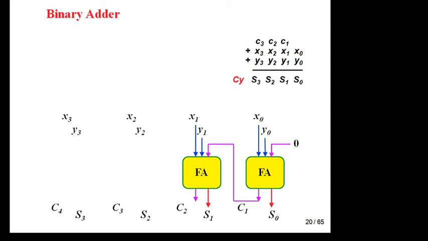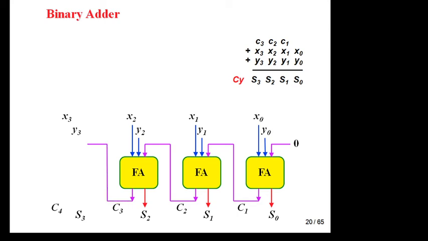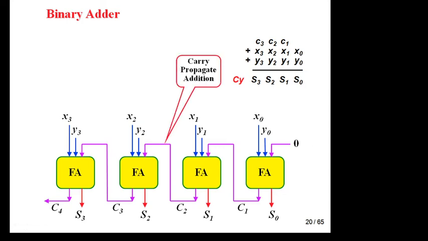Again one carry can generate, then add x2, y2 and C2, then result is C3 and S2. Again one carry can generate, x3, y3 and this C3. You have to remember, you can also use one half adder here, because carry is not generated, so you can replace only this first full adder by a half adder, which has 2 inputs x0 and y0.